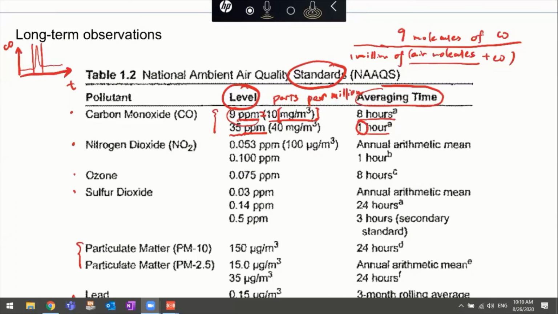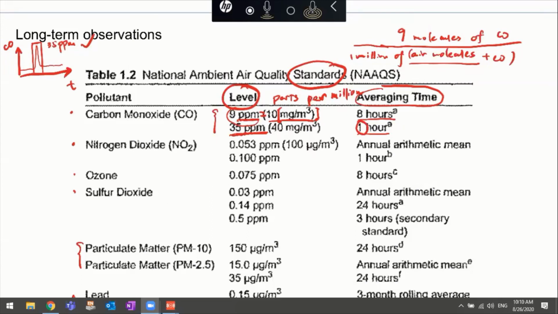And because of that, people set up a higher standard. Let's say as long as this spike, the average concentration is below 35 ppm, we'll still say that it satisfies the air standard. This is considering the spikes of the concentration.